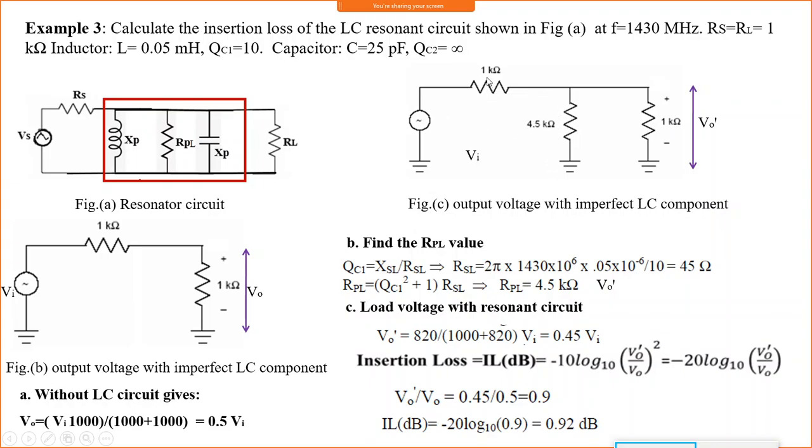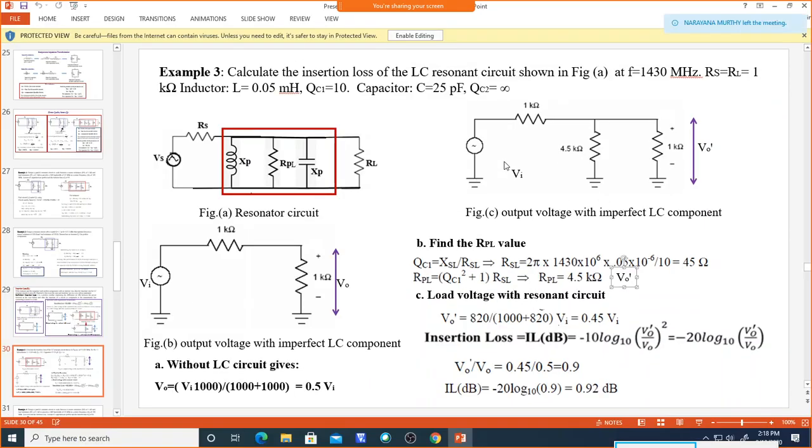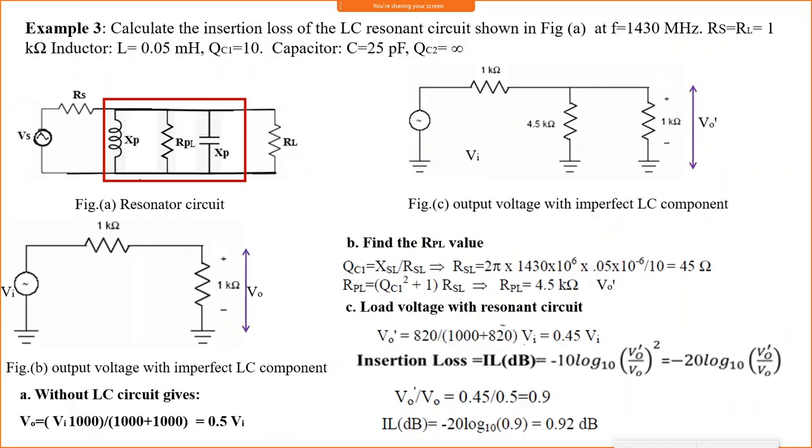The current flowing through this parallel combination is the VI divided by 1000 plus 820, multiplied by 820 to get the voltage across this.